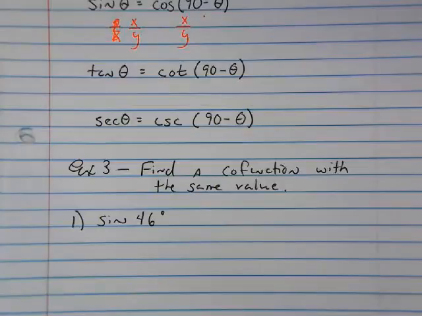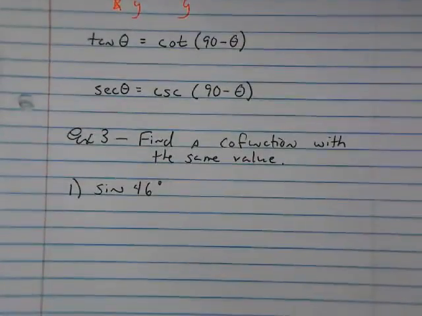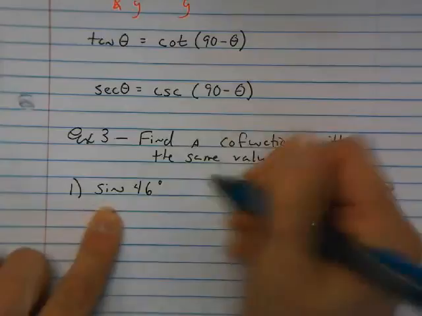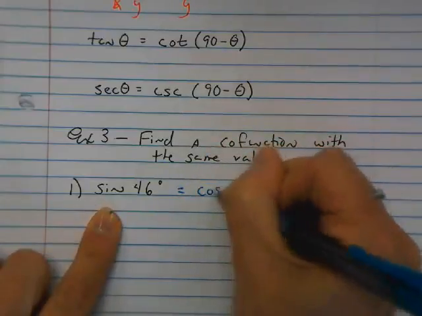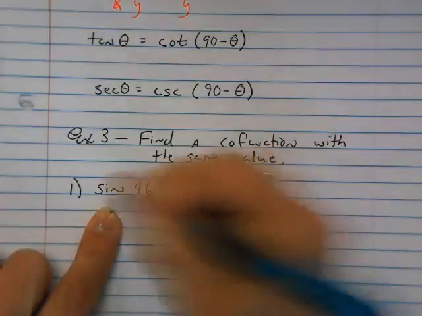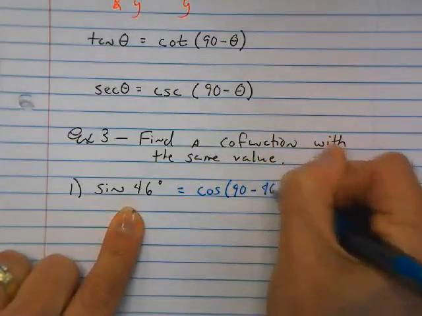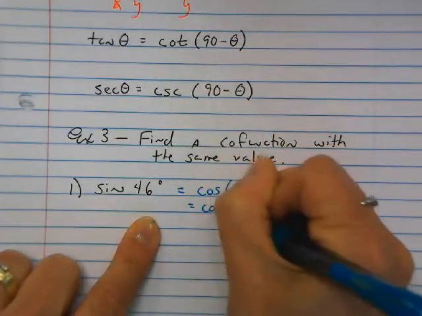Alright, so what is the cofunction of sine? Cosine, right? Cofunction, cosine, sine. 90 minus 46 is cosine of 44. So the sine of 46 is the same as the cosine of 44.